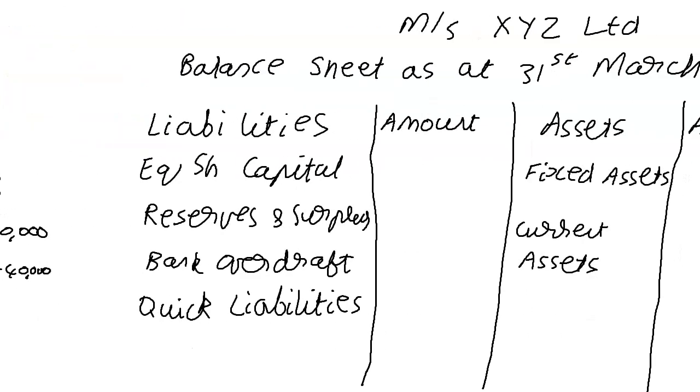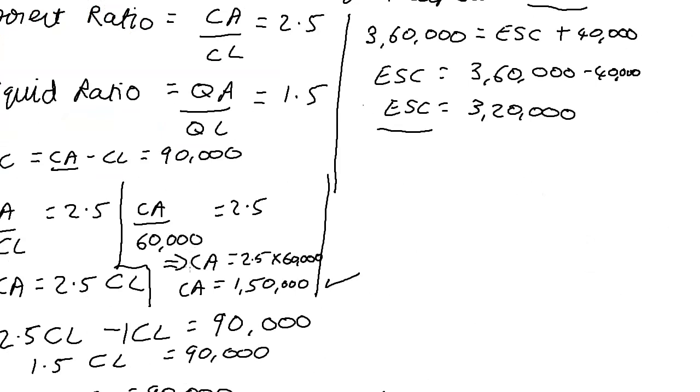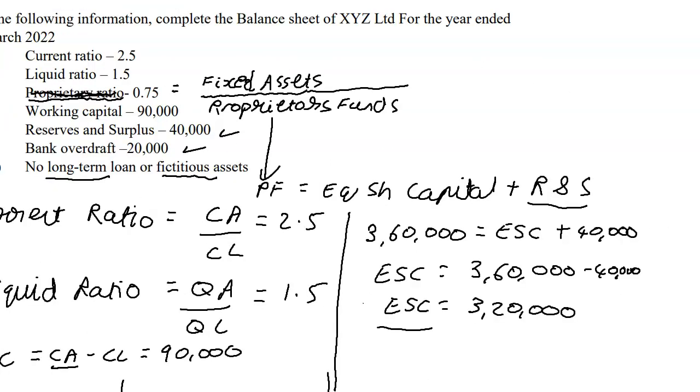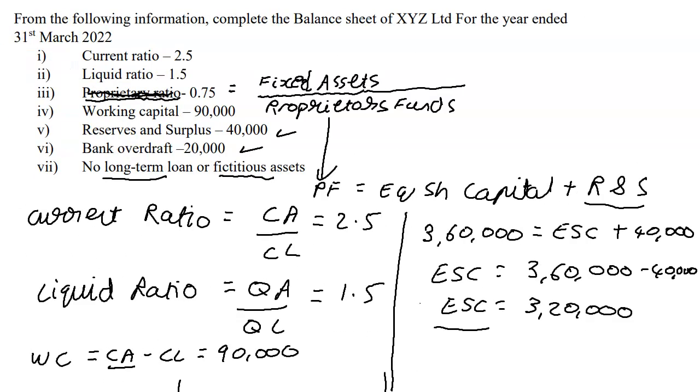That's important because bank overdraft being 20 means only the remaining will be quick liabilities, 60 minus 20, which will give us 40. So current liabilities are looked after. As far as current assets are concerned, it's going to be 1,50,000.